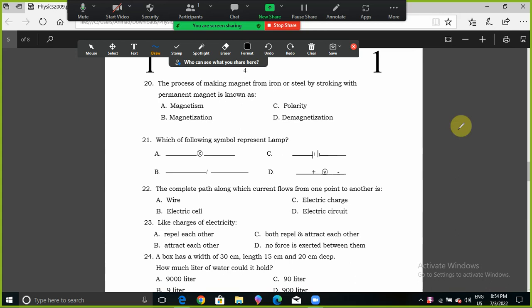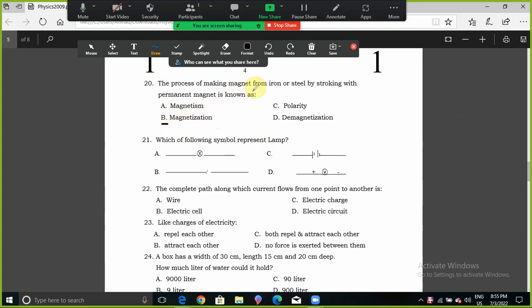First of all, if the striking is with the North Pole of the permanent magnet, the last end of the steel bar will be magnetized as a South Pole and vice versa. So that means the correct answer for question number 20 is B, magnetization.